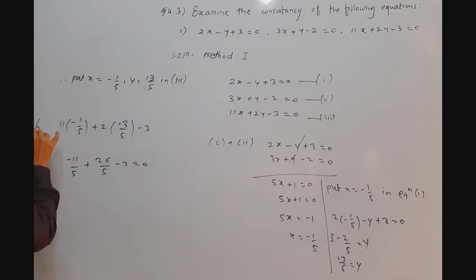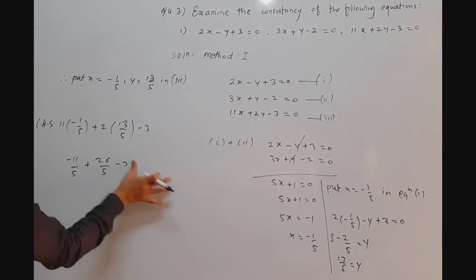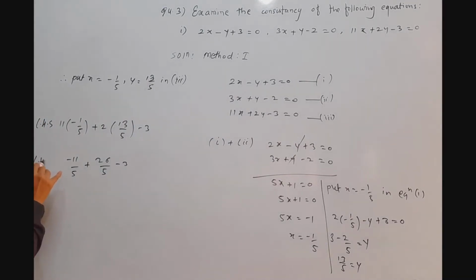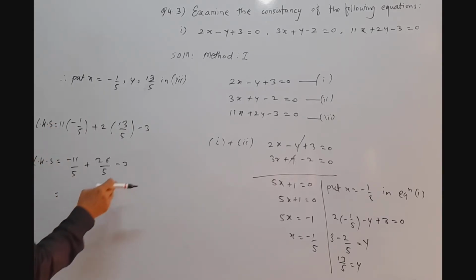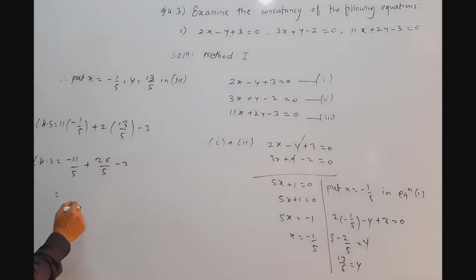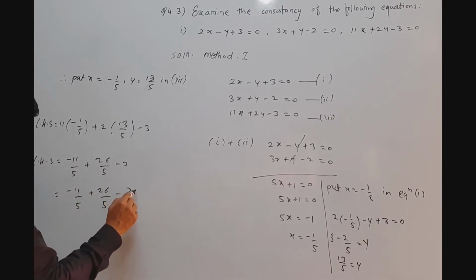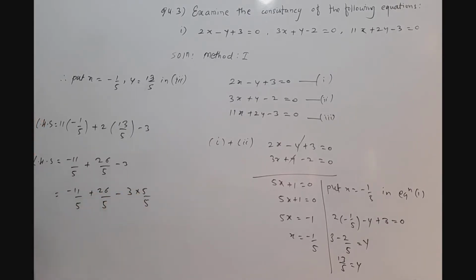So we consider the LHS of equation number 3 and check whether it equals 0 or not. So LHS is equal to, now we have to multiply and divide the last term by 5, so we get the same base. So minus 11 by 5 plus 26 by 5 minus 3 into 5 by 5.